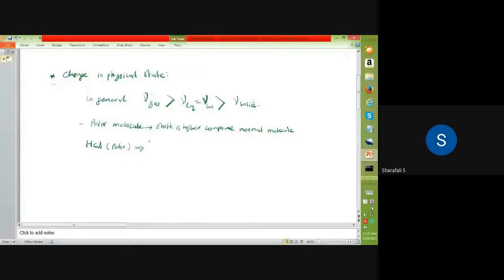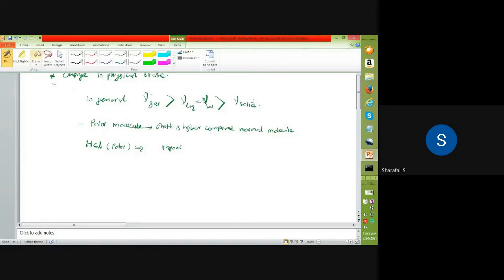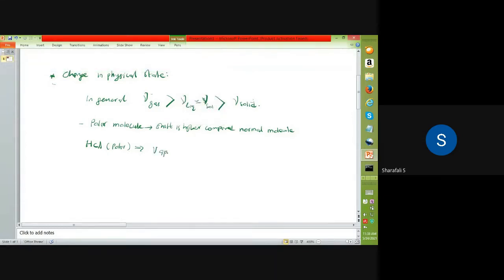If you consider the change from vapor to liquid for this HCl, there will be a shift of 100 centimeter inverse.